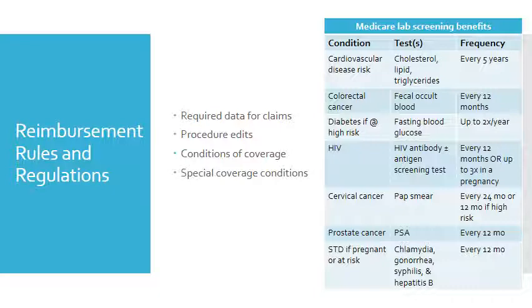So national coverage determination refers to what is covered under Part B of Medicare. Local coverage determination relates to what is covered by any regional contractor. So that's what I was talking about before.